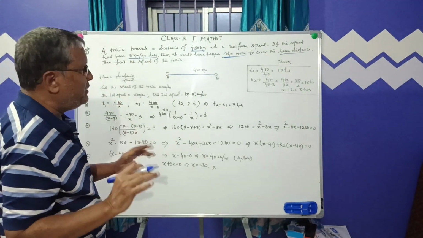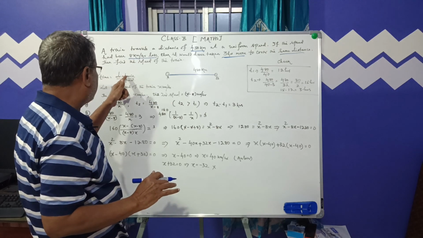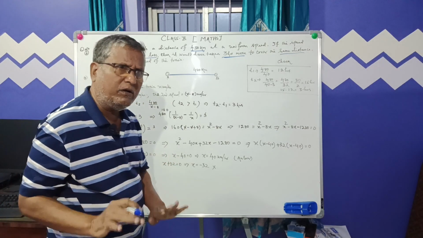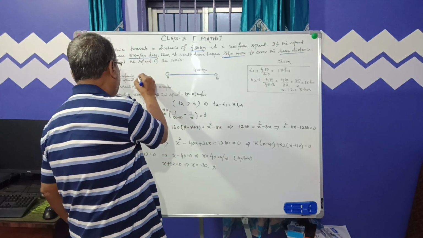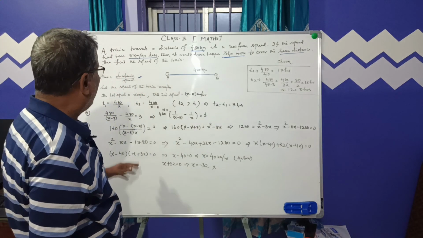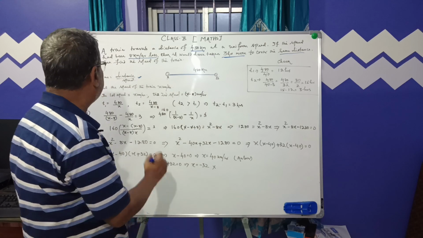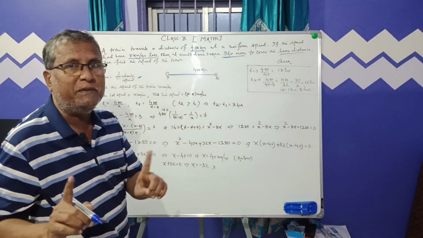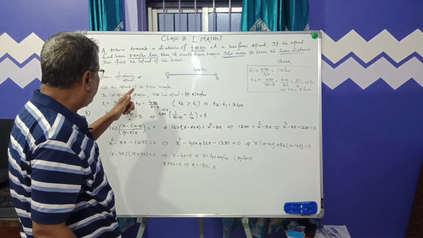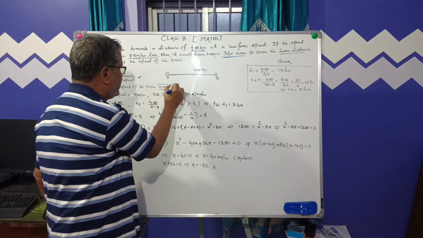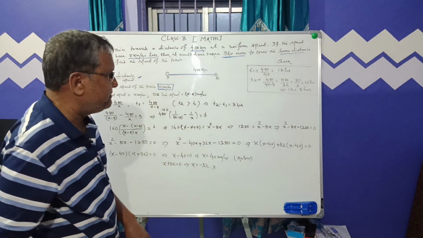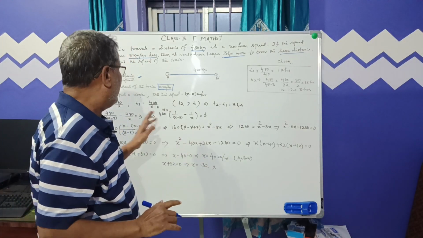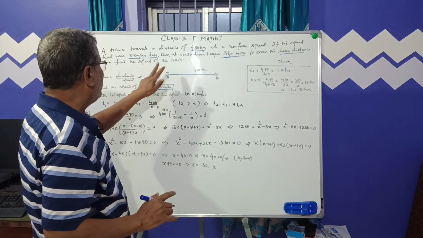As per our formula, we know time is equal to distance by speed, or distance is equal to time into speed. That you have learnt. That is the basic idea. Here, what is fixed? Distance is fixed, but there are two speeds. So let the speed of the train be x km per hour. I repeatedly remind you that there are two speeds.